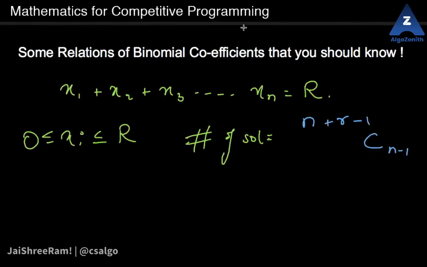Now let's talk about this particular expression. This is one of the most frequently used expressions in the mathematical part of competitive programming. Given an expression x1 plus x2 plus x3 and so on up to xn equal to some value R, find the number of solutions where each individual variable can be from 0 to R. The number of solutions comes out to be n, the number of variables, plus the sum R, minus 1, choose n minus 1.